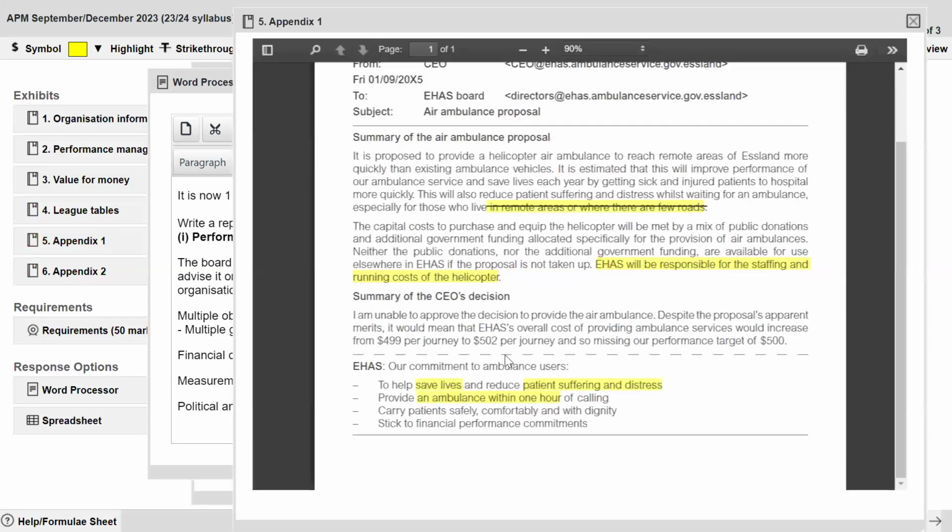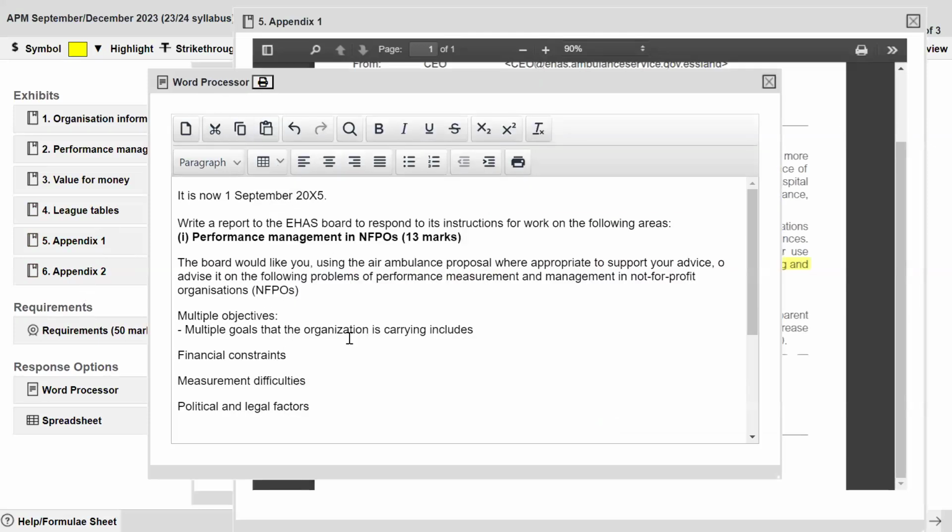I'm going to open up appendix number 1. I'll come back here.